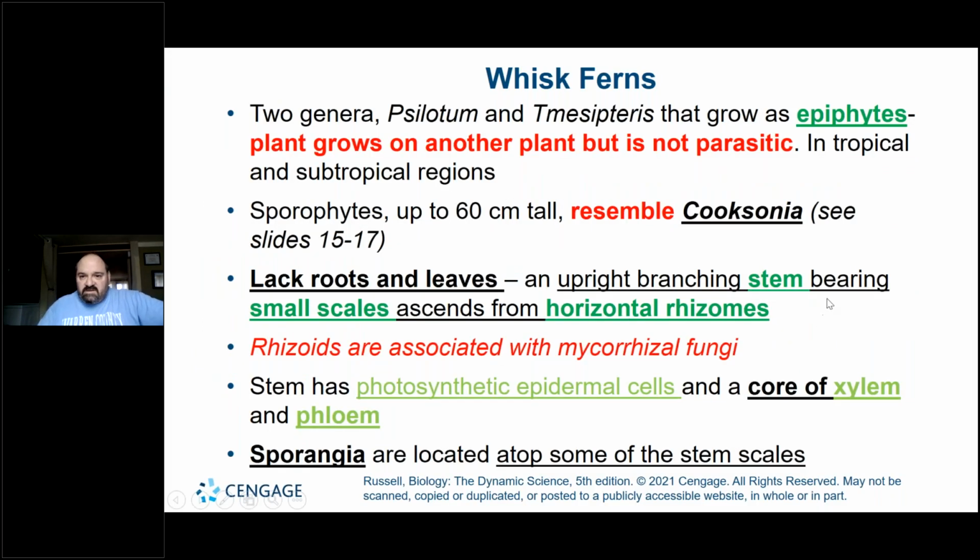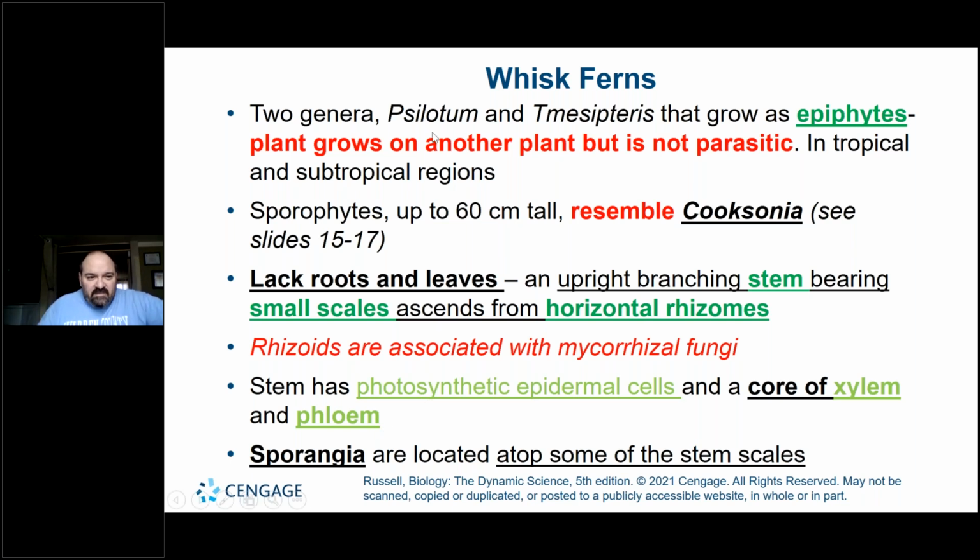Okay, so let's see here. All right, yeah, so the stem has photosynthetic epidermal cells, and the core of really the xylem and the phloem, again, the xylem moving water from the rhizoids and such, bringing it up to the plant structure and moving that water, the minerals and such, and the phloem moving what's being produced as a result of photosynthesis.